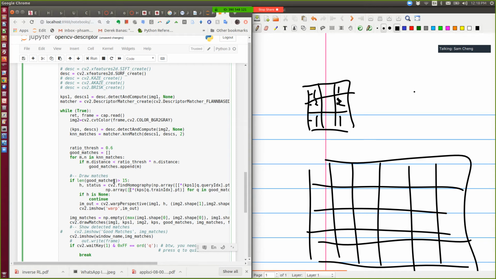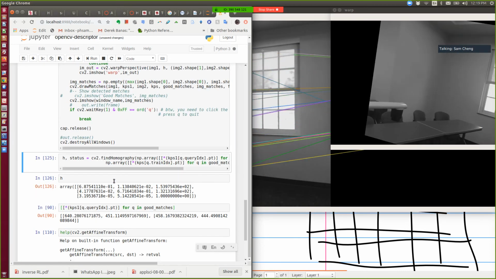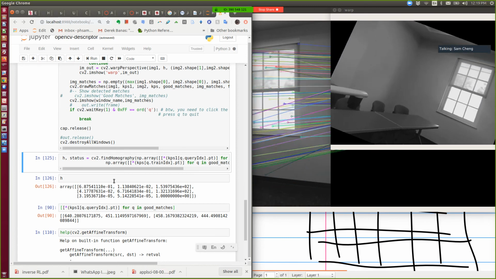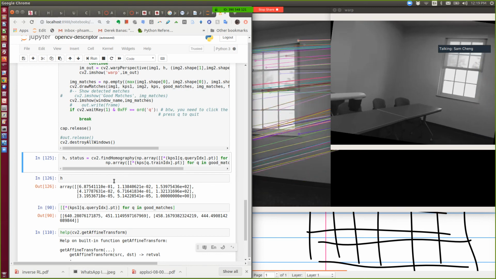But for some reason, this one is not very stable. I find that sometimes it will crash. I don't know, I rarely get homography crash, but this one seems to crash. So it's doing something pretty interesting. What I'm doing is I'm doing both match, I'm trying to warp.